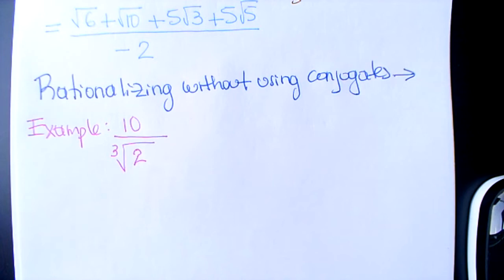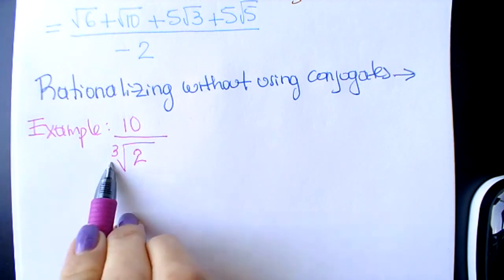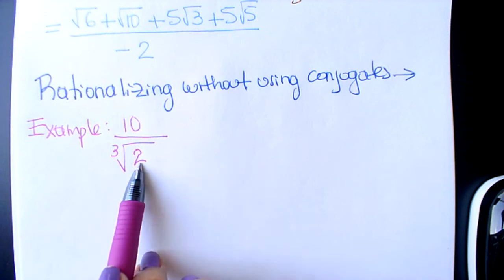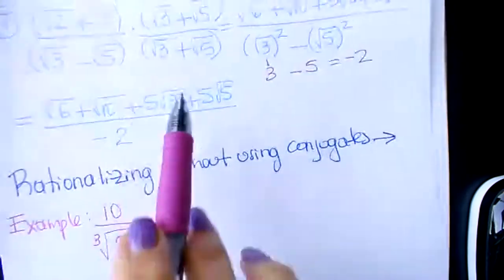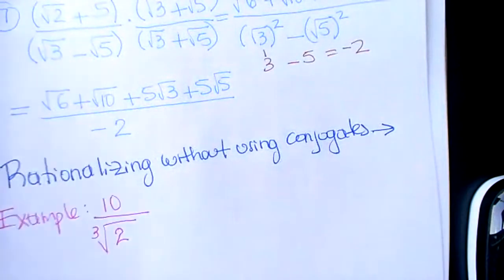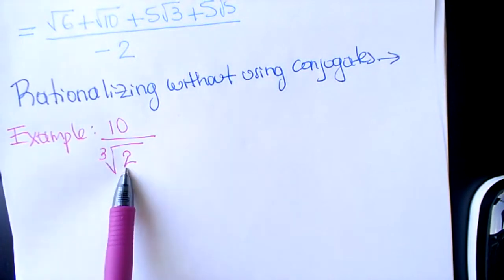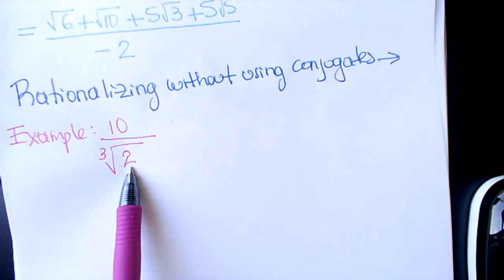So instead of doing that, the denominator is going to be rationalized through multiplying by a factor that makes the radicand in the denominator a perfect square or cube or whatever the index is here, okay? So again, we cannot multiply by the conjugate because conjugates are made out of binomials. What we're going to be doing is multiplying by a factor. What factor?